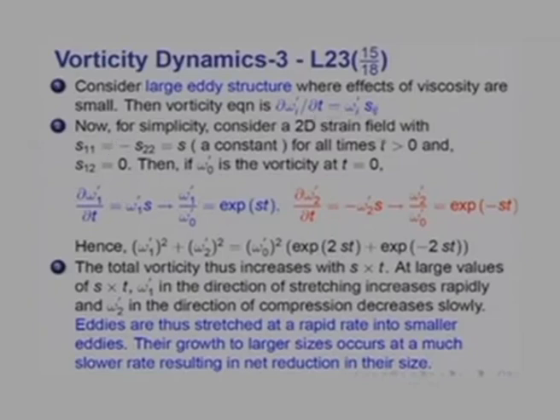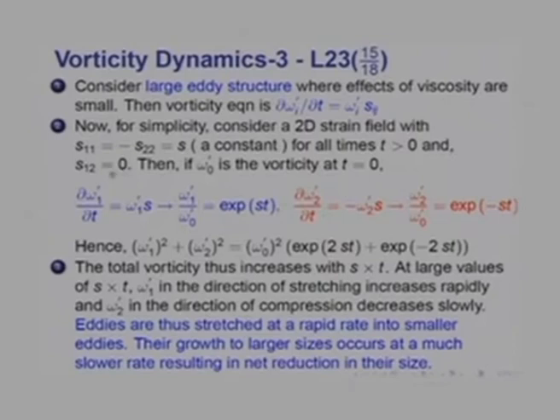Now, for simplicity, consider a 2D strain field in which only S11 is equal to minus S22, S11 being stretching, tensile, and S22 being compressive, with S11 equal to A equal to S, which is a constant. These are strain fields for all times t greater than 0, and S12 is equal to 0.